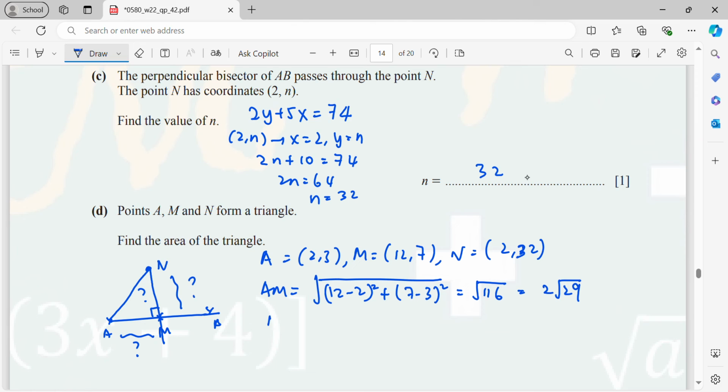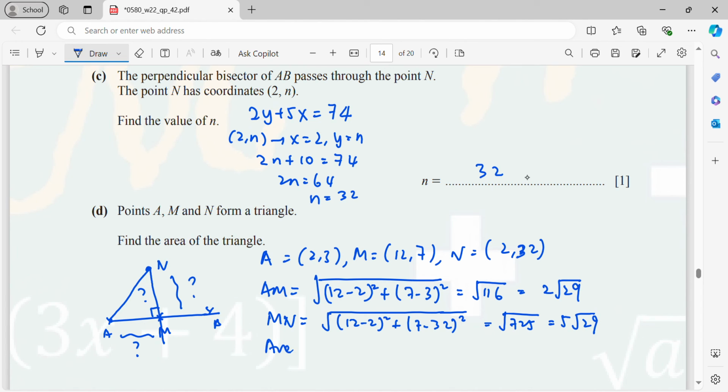Now BMN. MN is square root of 12 minus 2 squared plus 7 minus 32 squared. Then this is going to be square root of 725, which is 5 square root 29.